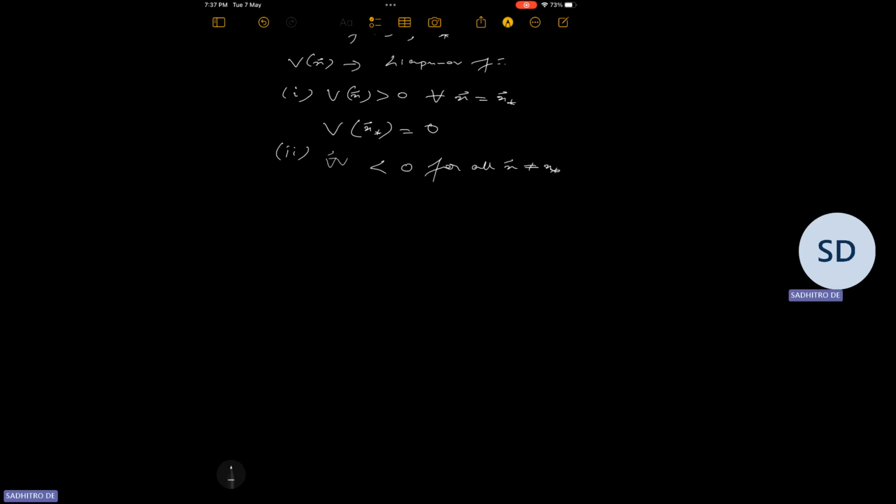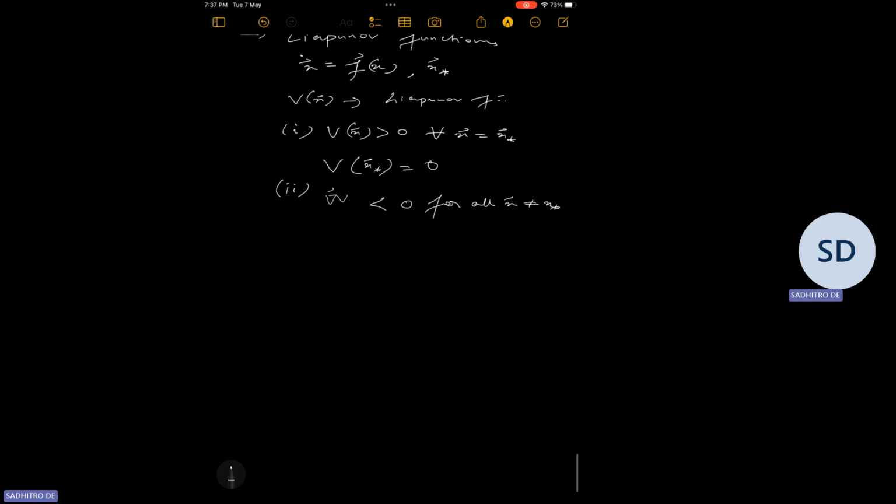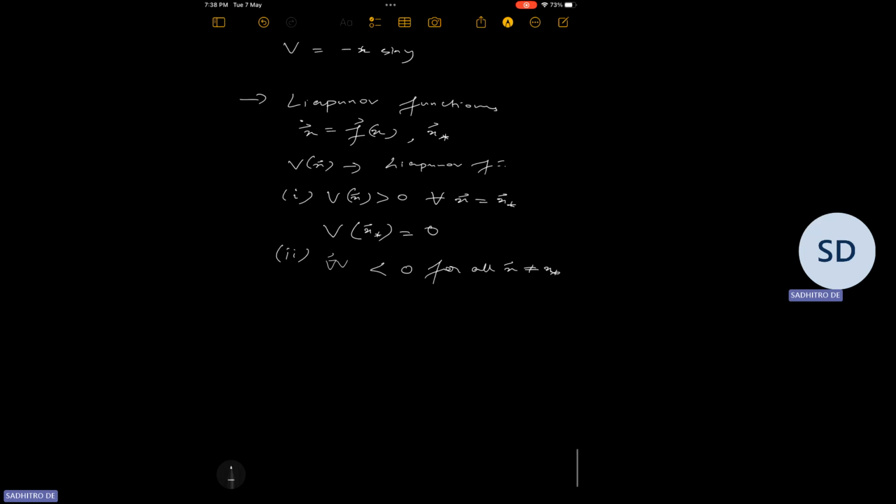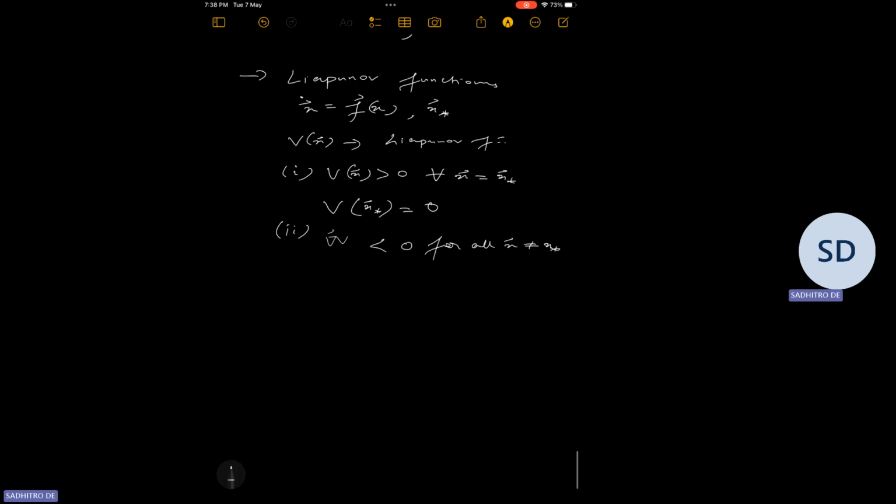So the gradient of v along any particular direction should always be negative. In other words, all the trajectories should look as if they converge towards the fixed point. So if we are able to define a Lyapunov function for a particular system, then one can be sure that there cannot be any closed orbit in that system. But the problem is that it is very difficult to define a Lyapunov function. There is no systematic way of constructing Lyapunov functions for systems. So the earlier method which we saw was a better method of ruling out closed orbits than this method of Lyapunov functions.